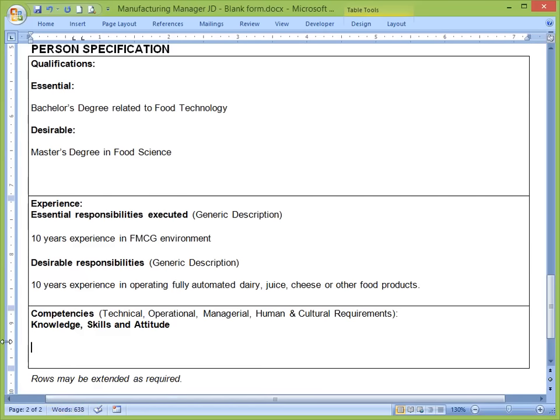We'll just do the competency. We just say excellent in planning, controlling, and organizing, right?